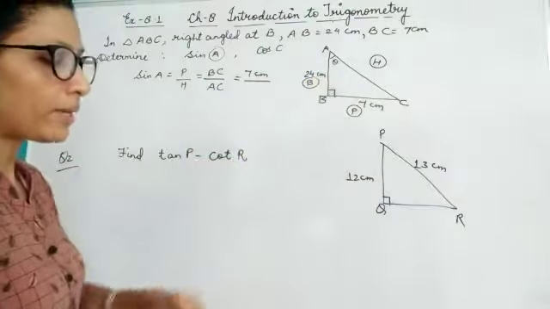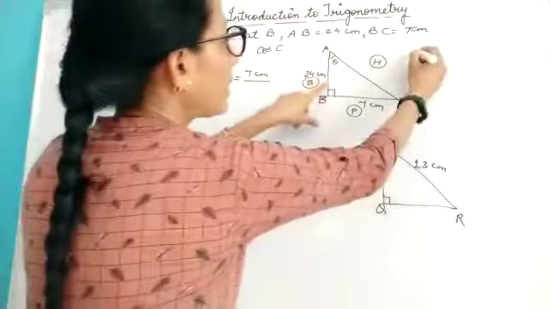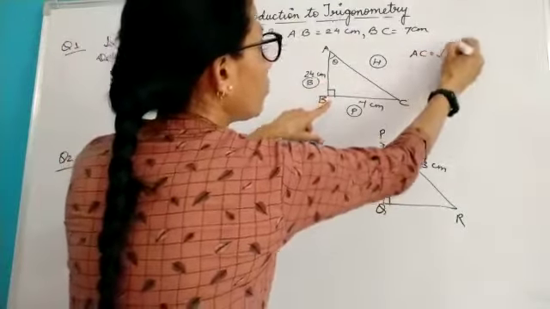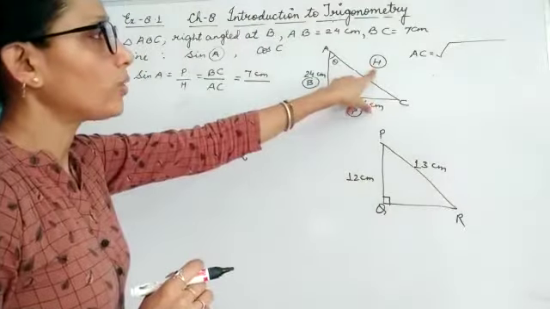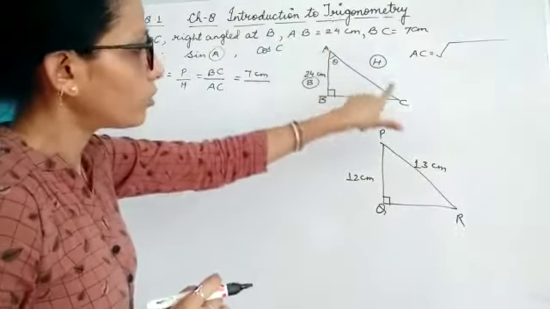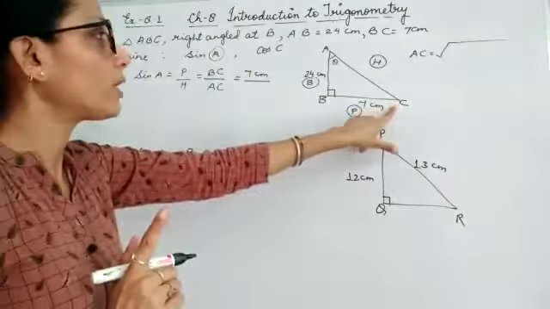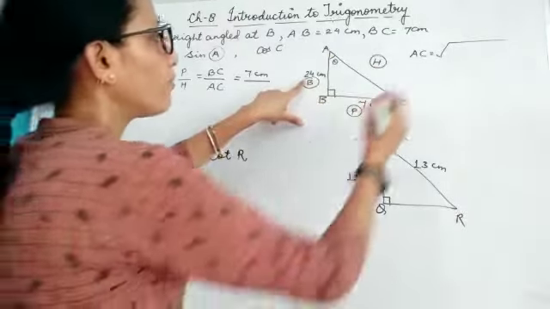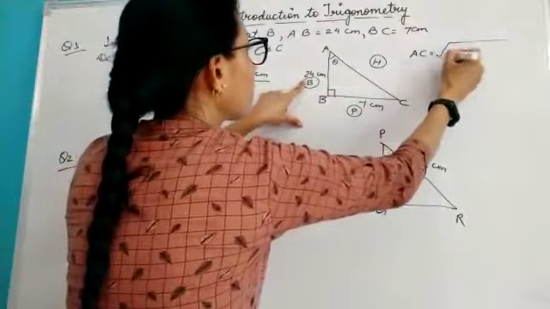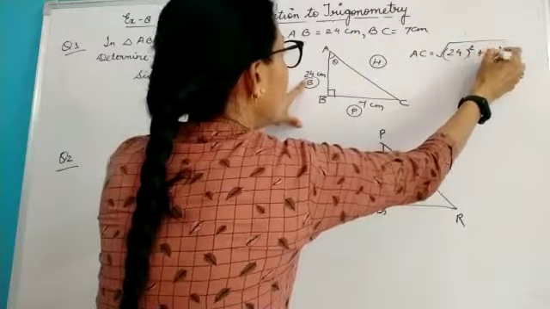So I can apply Pythagoras theorem over here. That means h square equal to, if you are writing h square, but since I need to find out AC and not AC square, that's why I will be taking it as AC equal to under root 24 square plus 7 square.